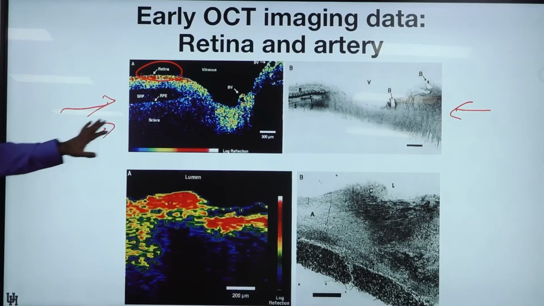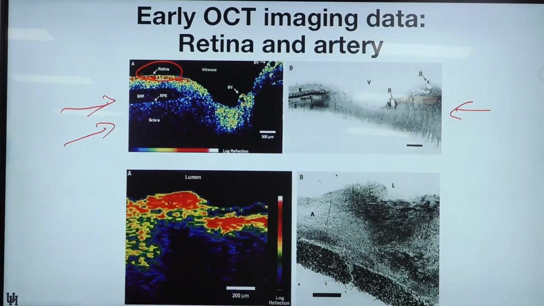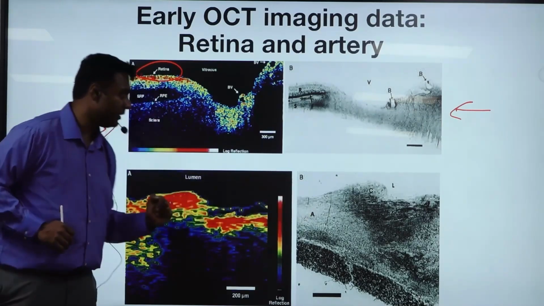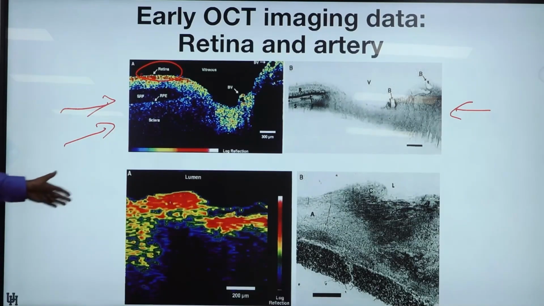This is another kind of data set, a human artery, like in the heart, which takes blood from the heart and goes out. With cutting and without cutting, but doing OCT, they were able to get good correlation.